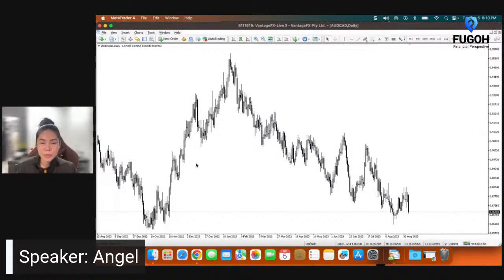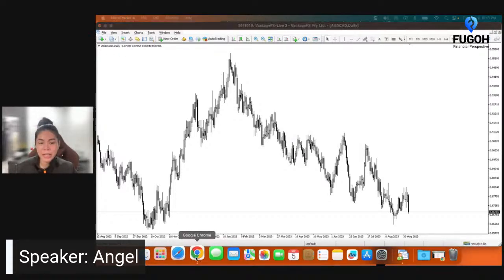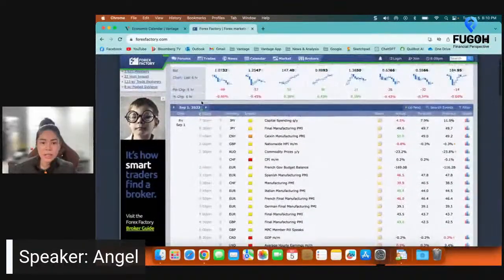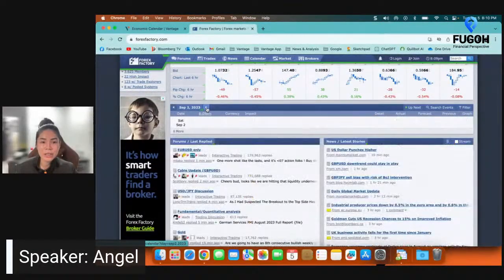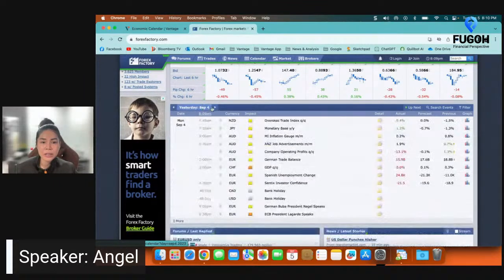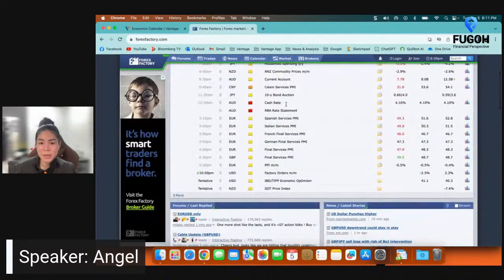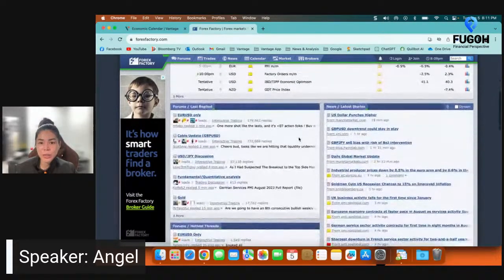Right. So there's only one thing today that could affect AUD CAD in the recent days, which is the interest rate earlier today, which is same as forecast. So now we know that we have that there.